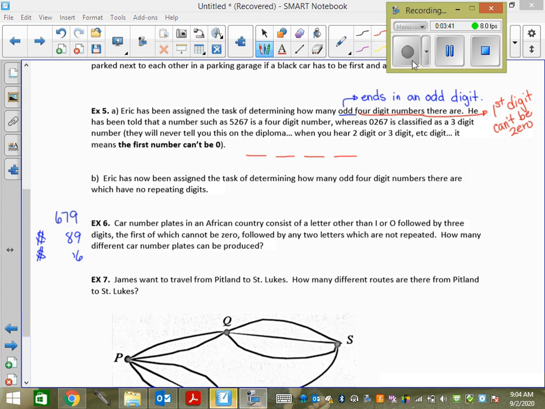We must deal with restrictions first. So if we deal with the back digit, it has to be odd, right? So it could be 1, 3, 5, 7, or 9. So we list the options below, what they could be. How many of those are there? 5.